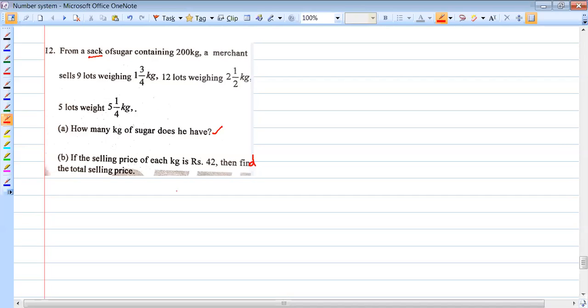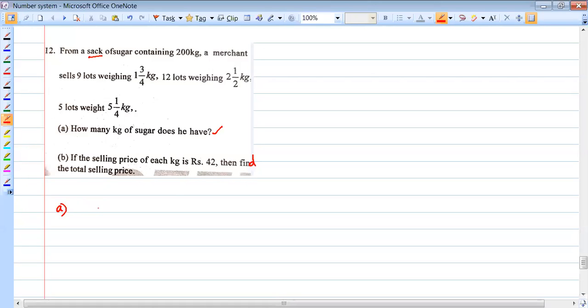Okay, has anyone got the answer? Do you know the idea how to solve this question? If anybody doesn't know how to solve this question, send me a message. Sir, I don't know how to solve this. Please give me an idea. Or else work out the problems and then share the answers. 57 kg.